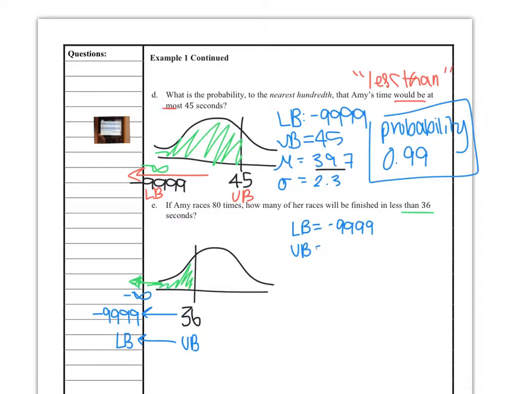Upper bound is 36. Mean is 39.7. And standard deviation is 2.3 again. So nothing has changed so far. We just have to keep track of that 80 races in 2 steps from now. So we're going to write down the probability.